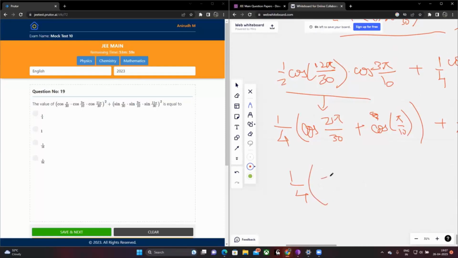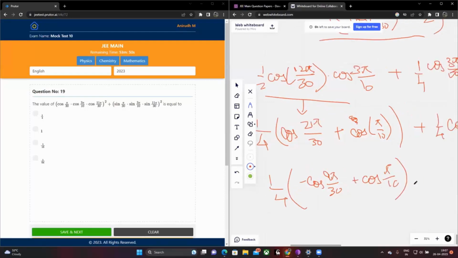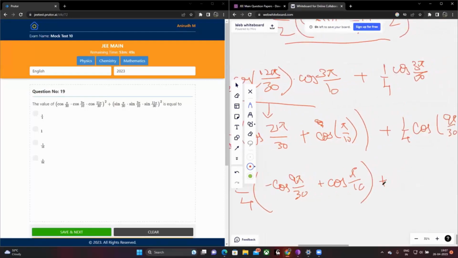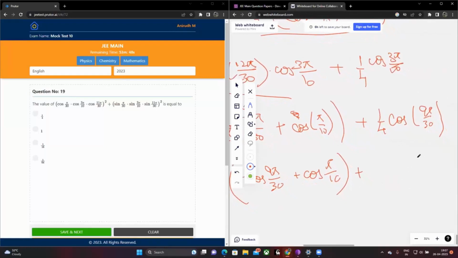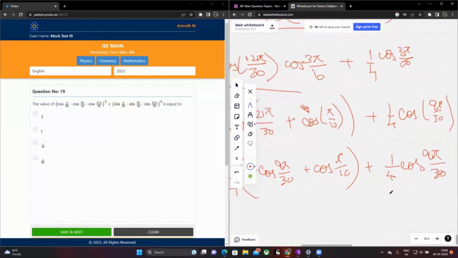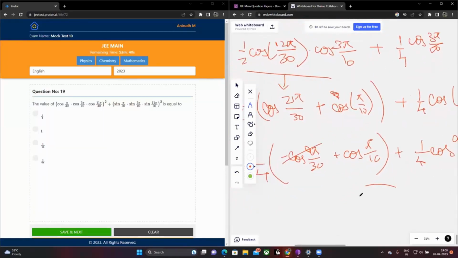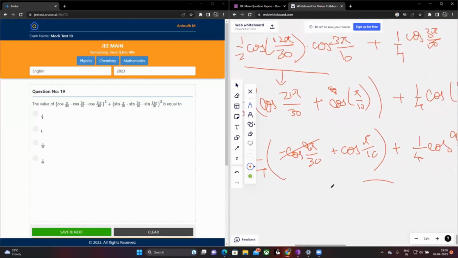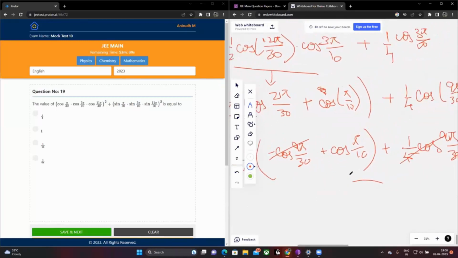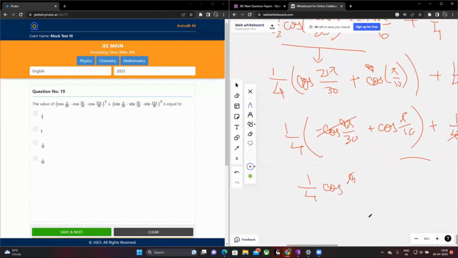So this basically is minus cos 9π/30 plus cos π/10 plus 1/4 cos 9π/30. This cancels out, and you're left with 1/4 cos π/10, right?